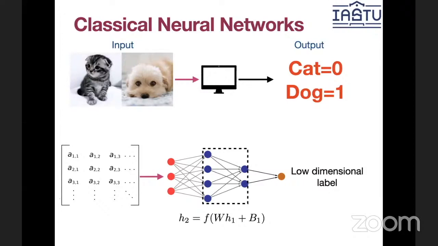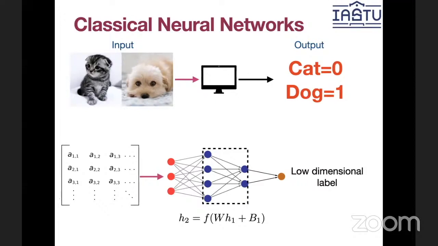Using the machine learning model or the neural networks, we can optimize the parameters of this model, and the prediction of these neural networks can be very close to the label. So this machine learning can give us a very high accuracy.